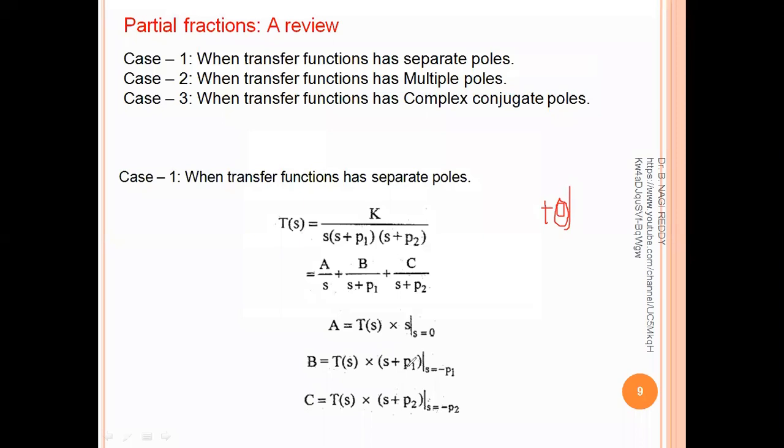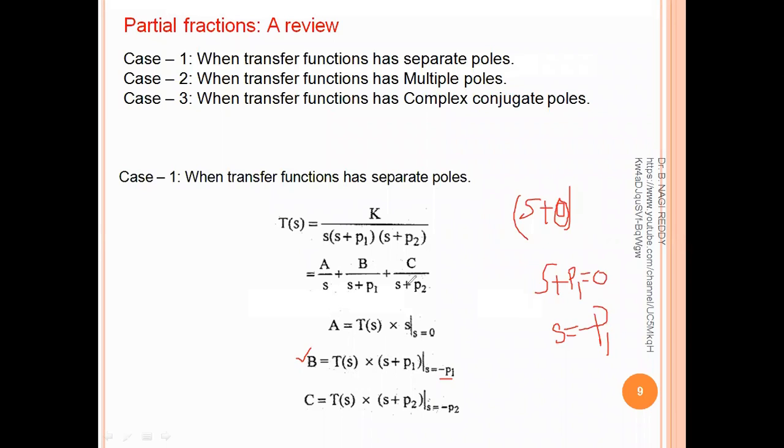So s plus p1, right? That's why the pole will be minus p1. The pole value will be minus p1, because if we make s plus p1 equal to 0, then the s value must be minus p1. So we need to substitute this minus p1 in this entire equation to achieve the b value.